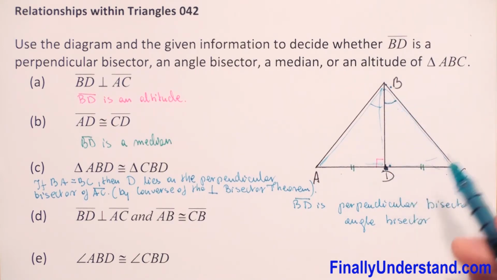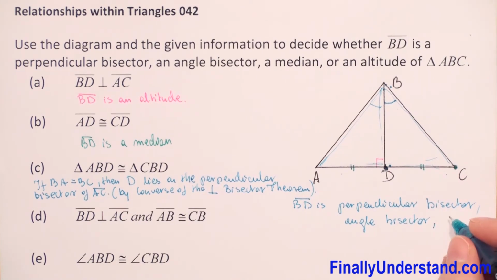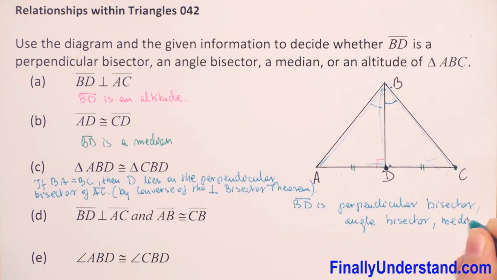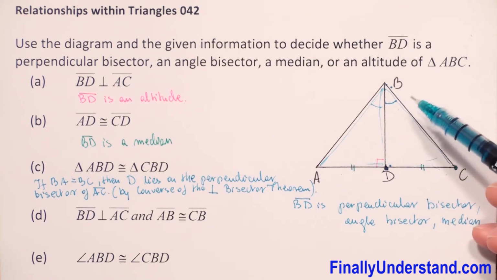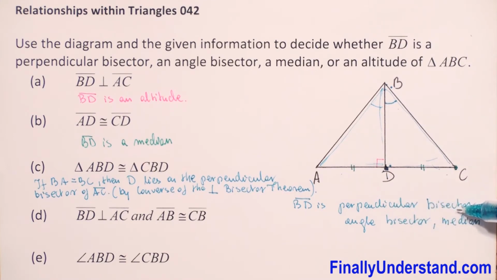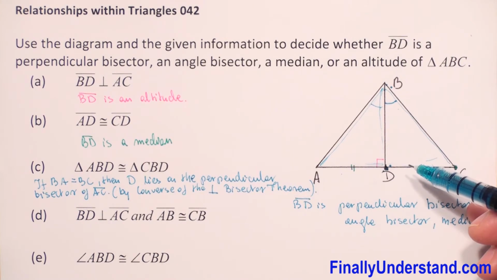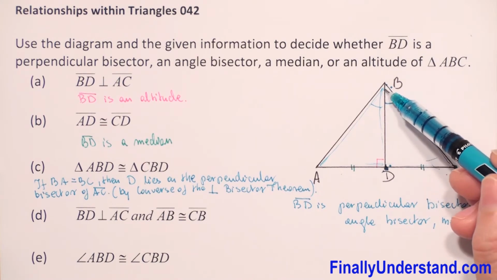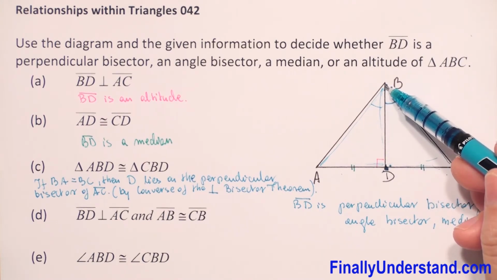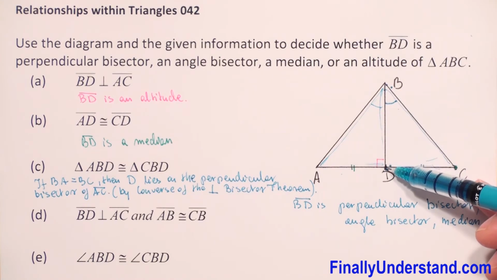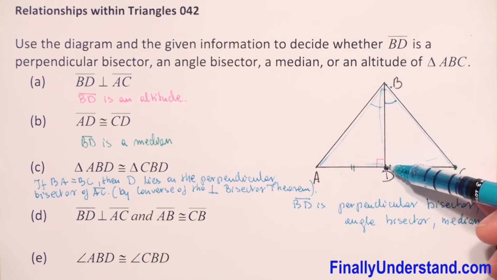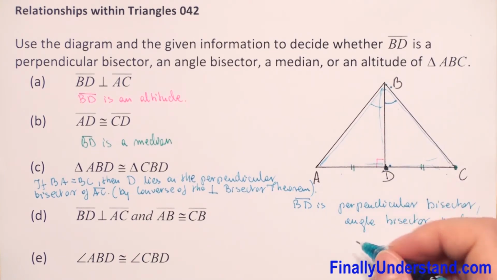So BD is also the median. Because BD is a perpendicular bisector, it is also an altitude, because an altitude of a triangle is the perpendicular segment from a vertex to the opposite side. So this is also an altitude.